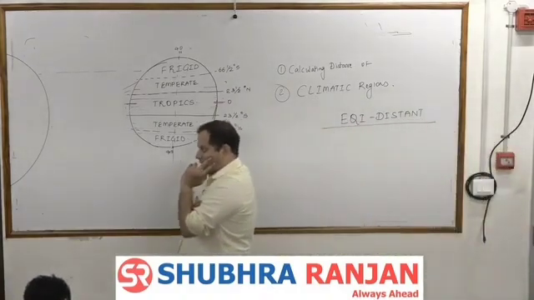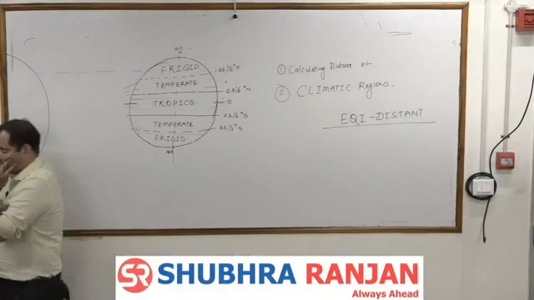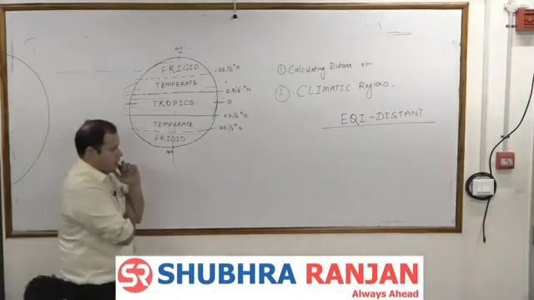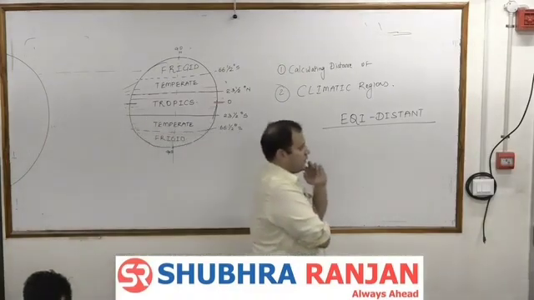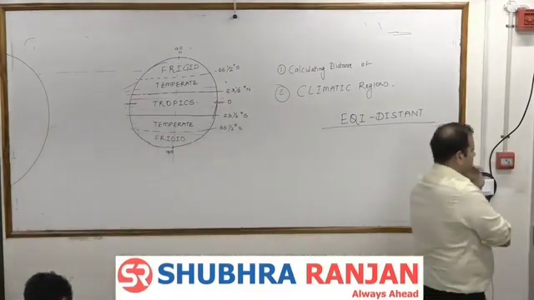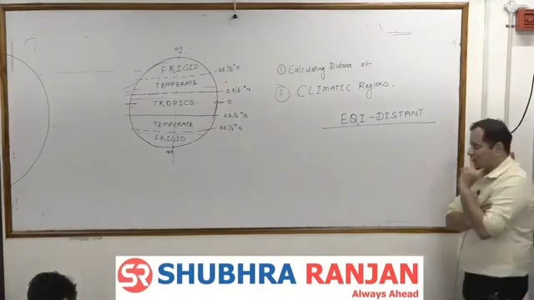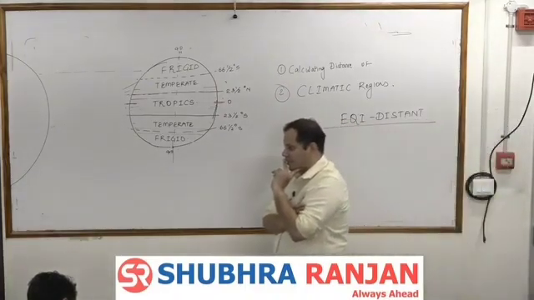The important latitudes are: 1, equator. It divides the Earth into northern hemisphere and southern hemisphere.